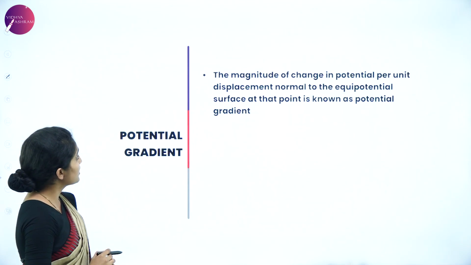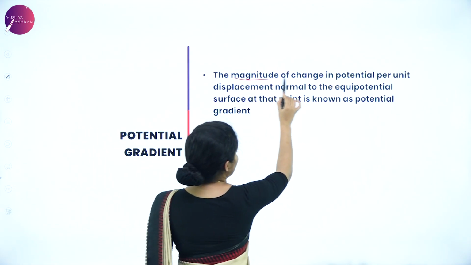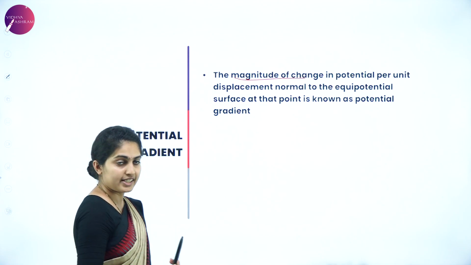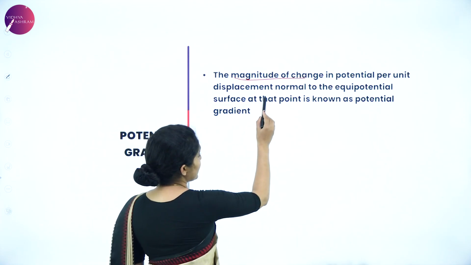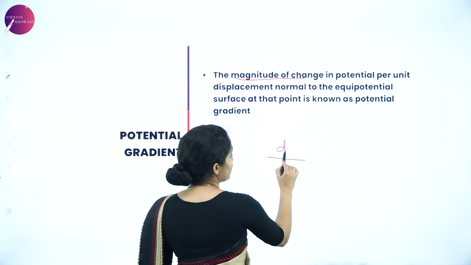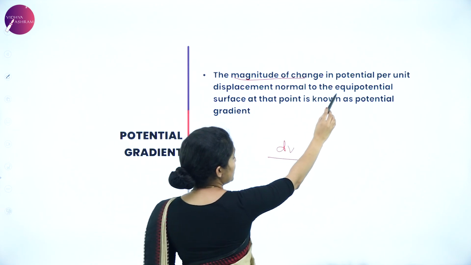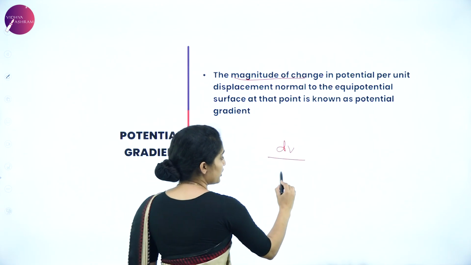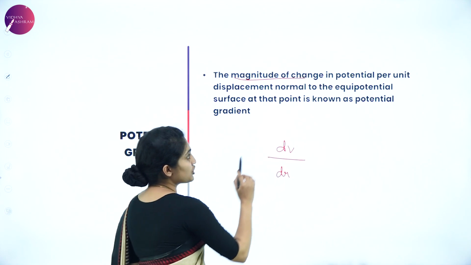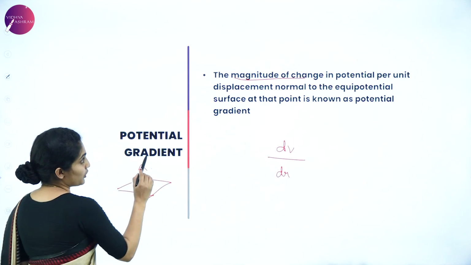So, next you have potential gradient. It is the magnitude, the definition of it. So what is potential gradient? Magnitude of change in potential per unit displacement normal to the equipotential surface.